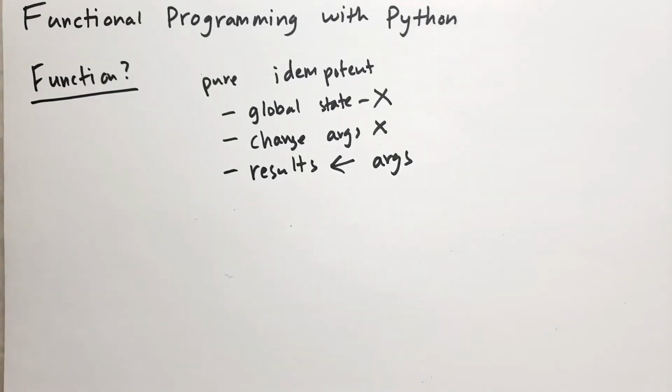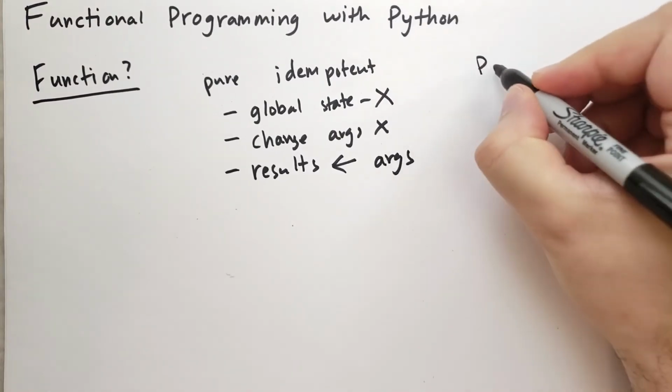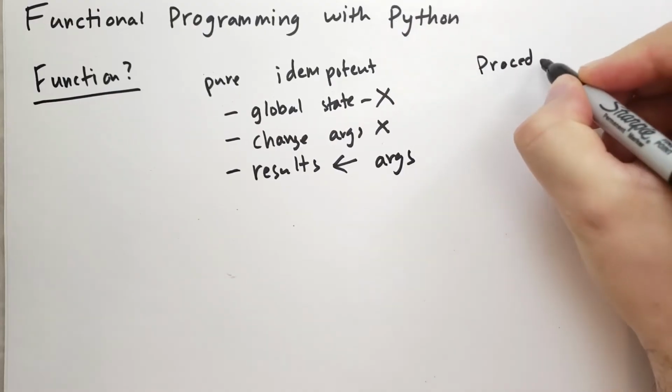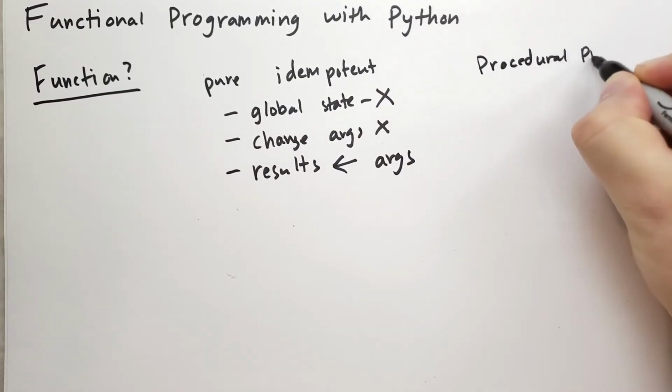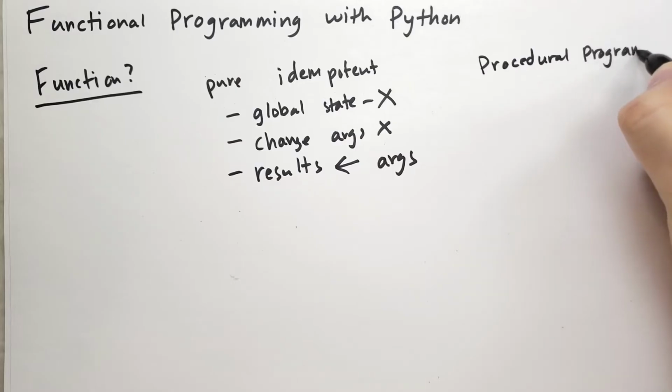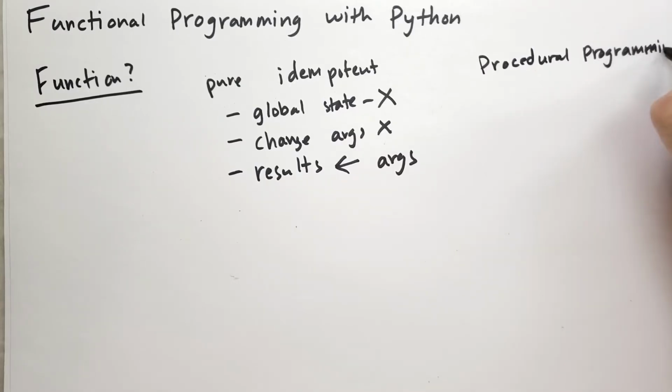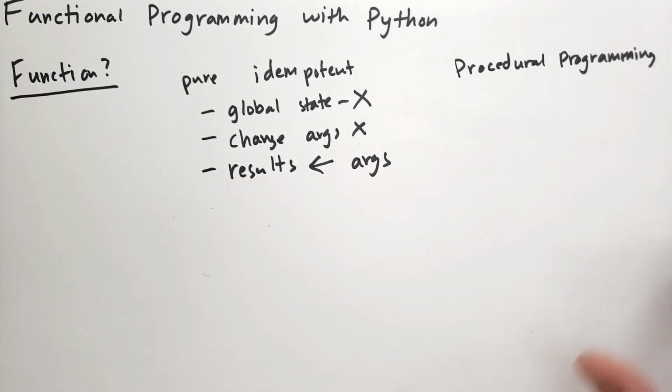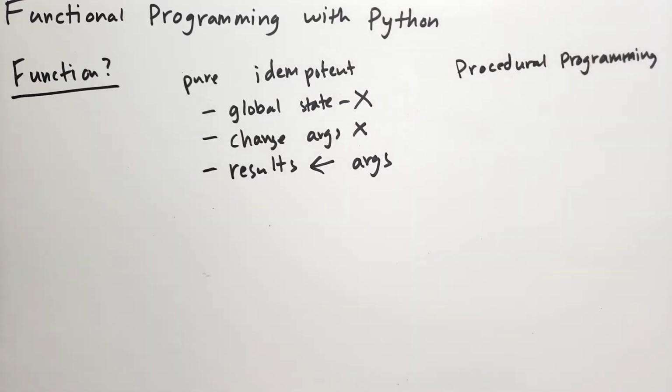Okay, let's talk a little bit about functional programming now. Python at its core, like many languages you probably know, follows the procedural programming paradigm. By paradigm, I mean a way of doing things. The paradigm defines the standard practice, how you approach a problem, how you think about a problem, and all those kinds of things.